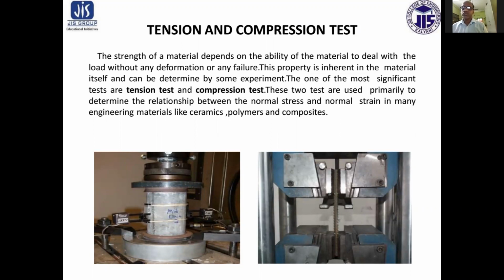These two tests are used primarily to determine the relationship between the normal stress and normal strain in many engineering materials like ceramics, polymers, composites, metals, that is, cast iron for compression, ductile material for tension, etc.